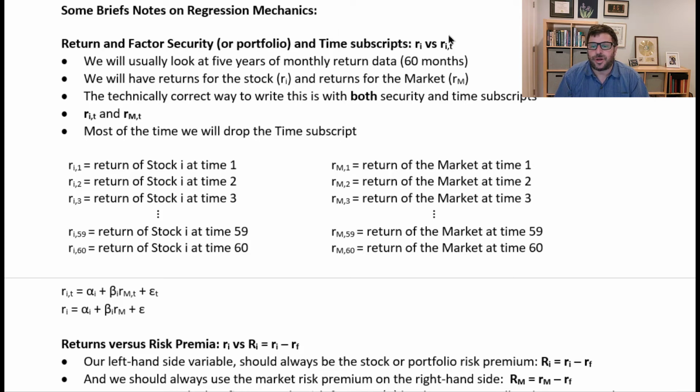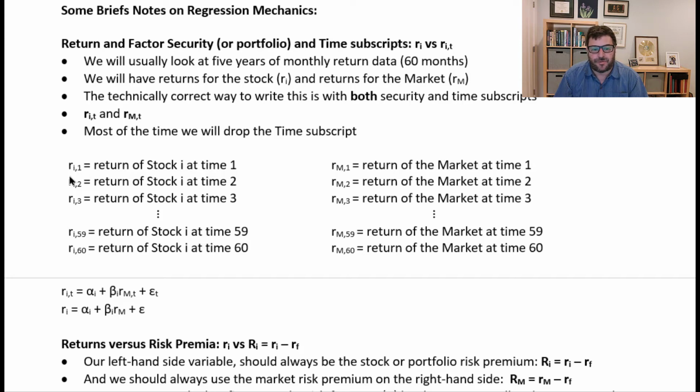And so I want to talk about the use of time subscripts. So if I have the return of some stock i over 60 months, and I have the return of the market over 60 months, then technically I would write this with both the security and the time subscripts. I would have R_i,t and R_M,t.